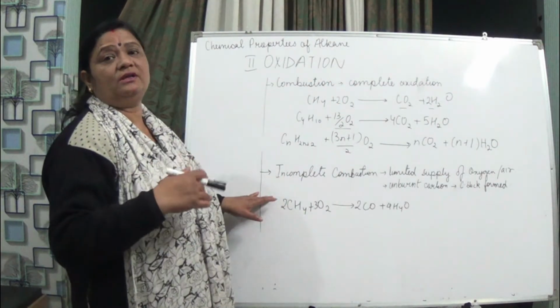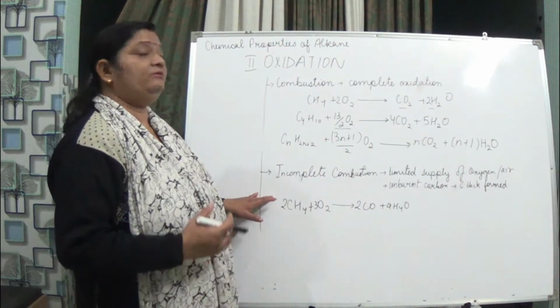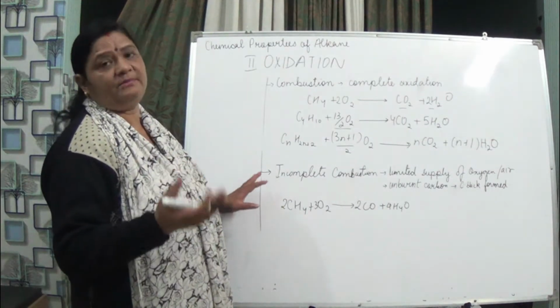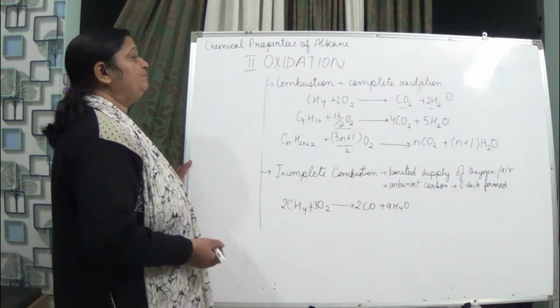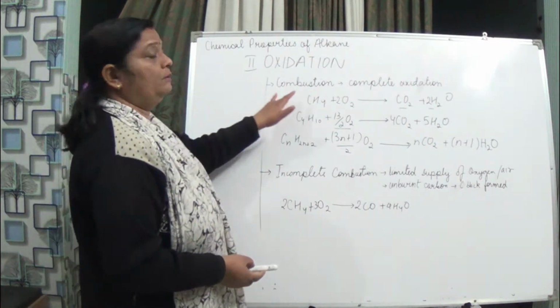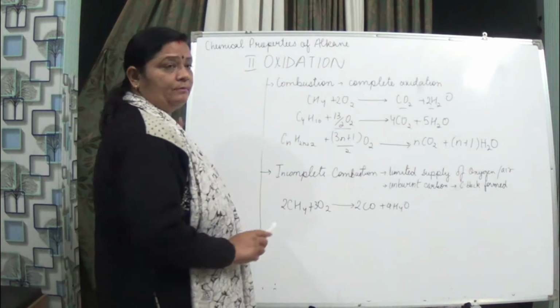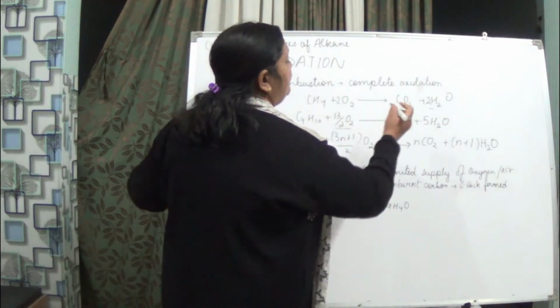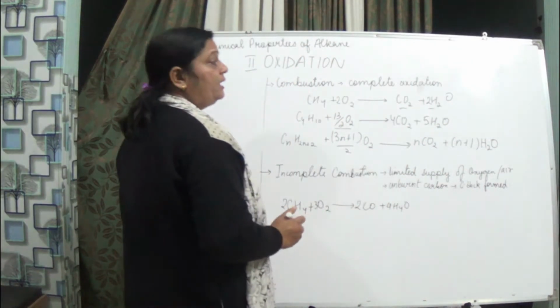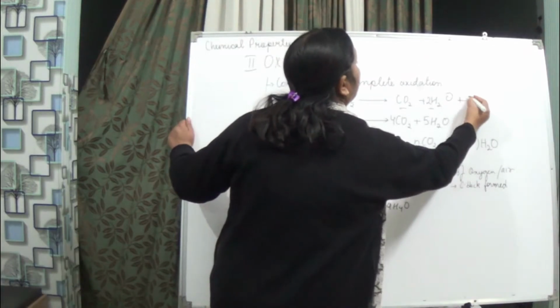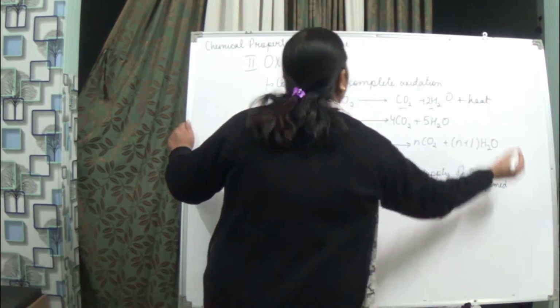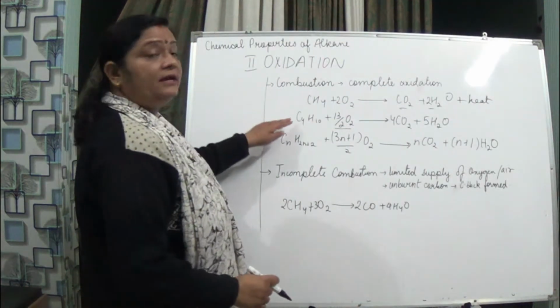Where the oxygen is provided less, it will be incomplete combustion or incomplete oxidation. So if we take methane and add oxygen in a surplus amount, we get carbon dioxide and water, and yes, heat will be evolved.